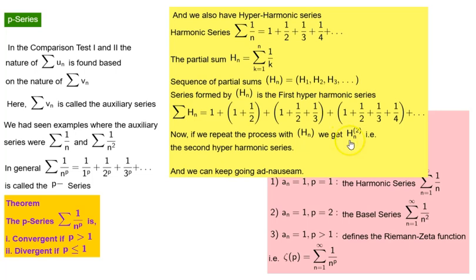That is h sub n, and on top we write 2 in brackets to avoid confusing it with squaring. And this is called the second hyperharmonic series, which means we can keep going forward. We can have third hyperharmonic series, fourth, fifth, sixth, and so on. So that was the p series.